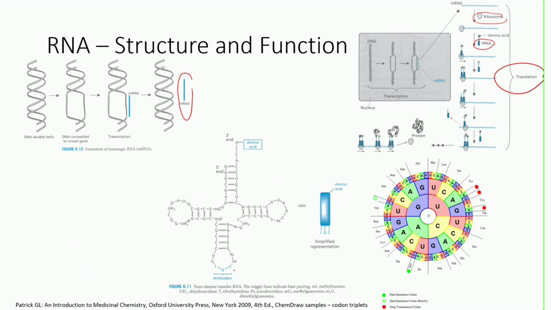You can see the structure of the transfer RNA here, and the coding of particular amino acids here in the circle by a combination of 3 bases in the structure.